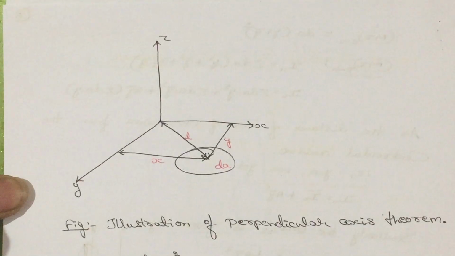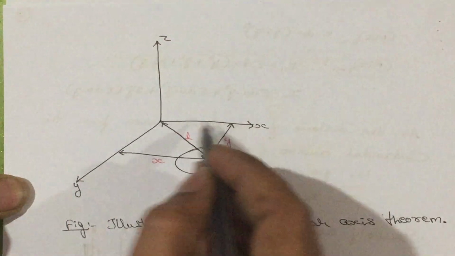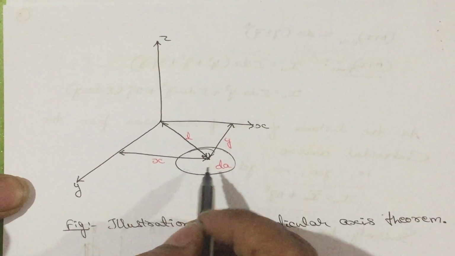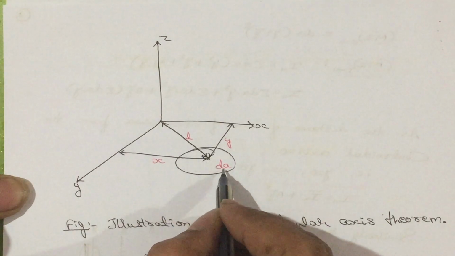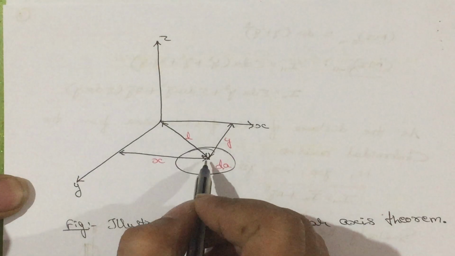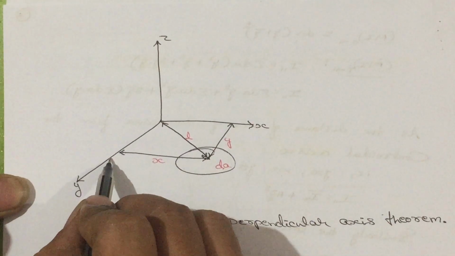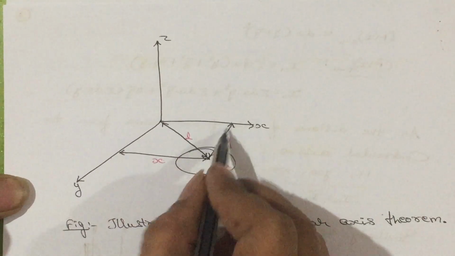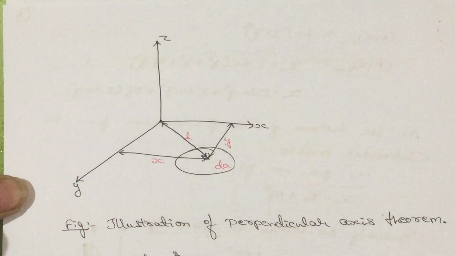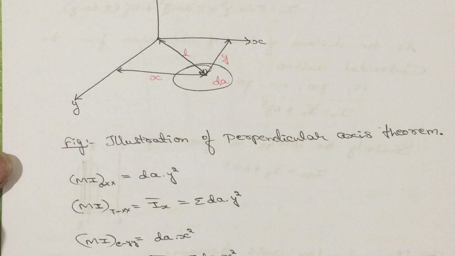We took 3 axes and we consider some irregular area in the xy plane. Then the total area is A, and the small strip area is dA. The distance of the centroid of this area from the y axis is x, from the x axis it is y, and from the origin it is r. The figure illustrates the perpendicular axis theorem.